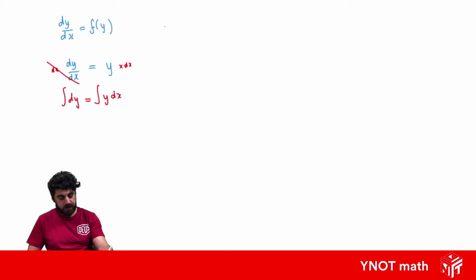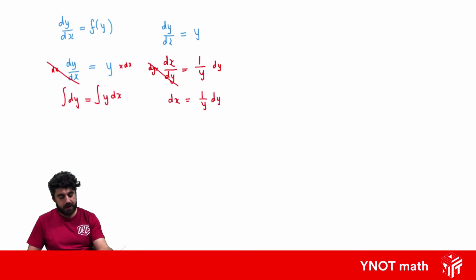So let's just write it out again. dy/dx equals y. And what we actually want to do here is just flip both sides of the equation first. So we'd have dx/dy equals 1 over y. And now, if we were to multiply both sides by dy, we'd have dx equals 1 over y dy.